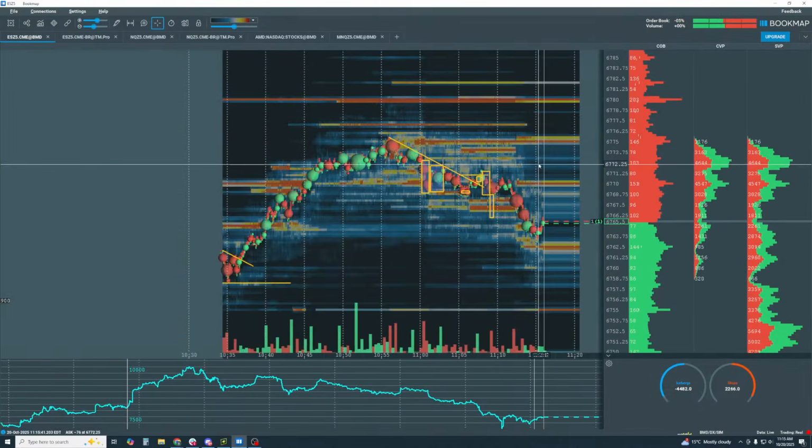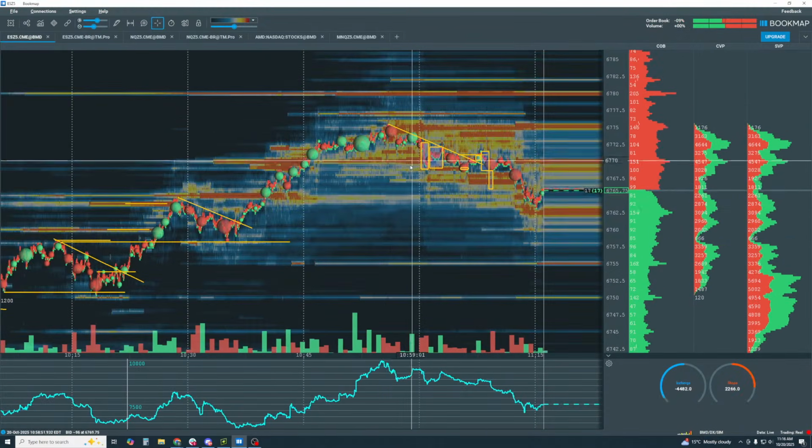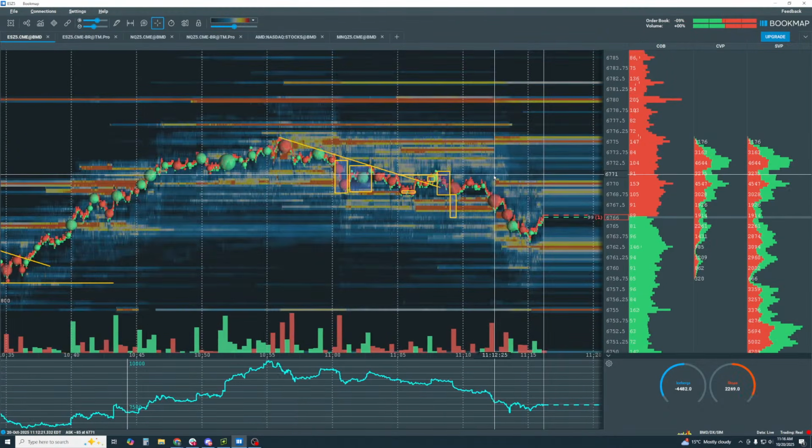All right, now the beauty of looking at low volume pullback is it'll work with any way of trading as well. Okay, so if you're trading with your profiles, great.